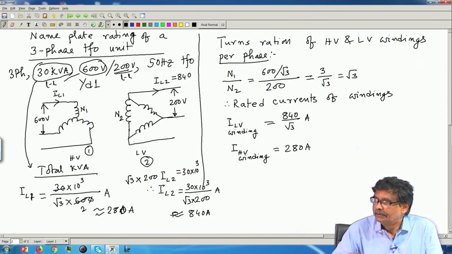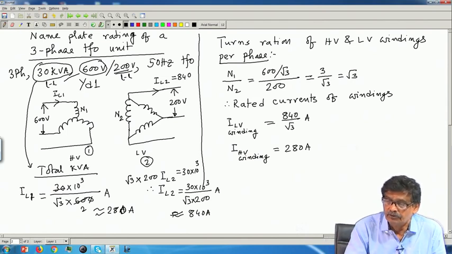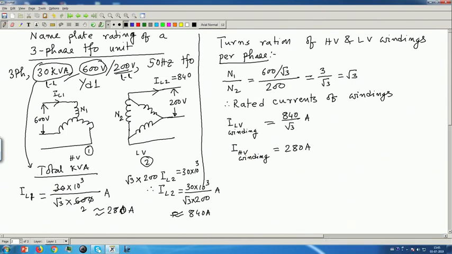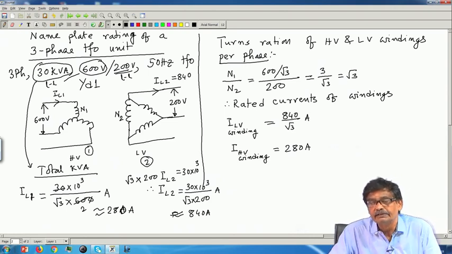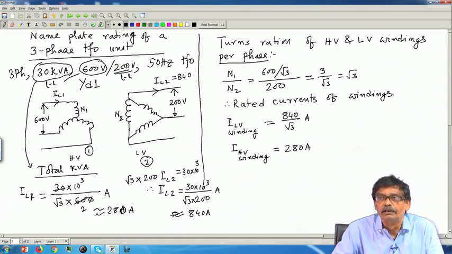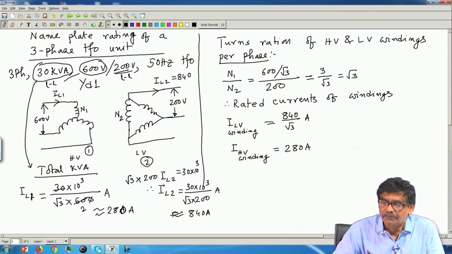Got the point? Any mistakes? So, this point must be very clearly understood. On the other hand, when I was using 3 single phase transformers, the rating of each one is known, and then depending upon the connections we decided what the line to line voltages should be. That I have discussed earlier, you must refer to that.